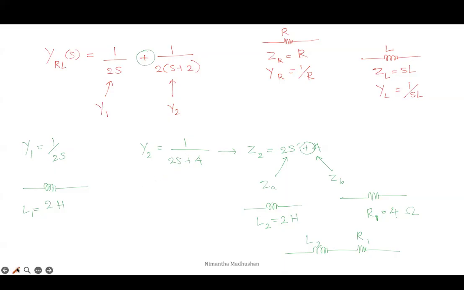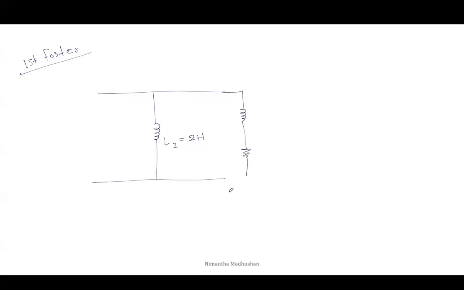Then I can draw the final circuit diagram. First element is the inductor, L1 is 2 Henry. And next one, there are two elements, an inductor and a resistor. L2 is also 2 Henry, and R1 is a 4 ohm resistor.